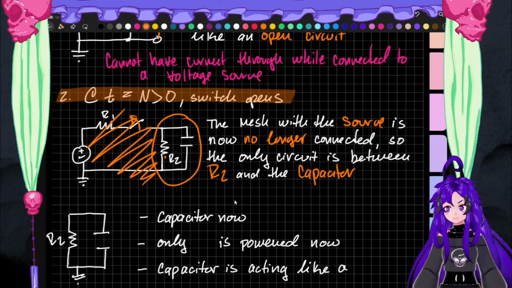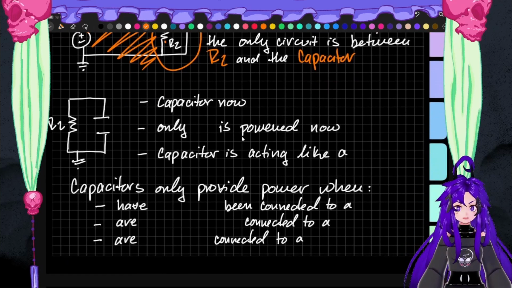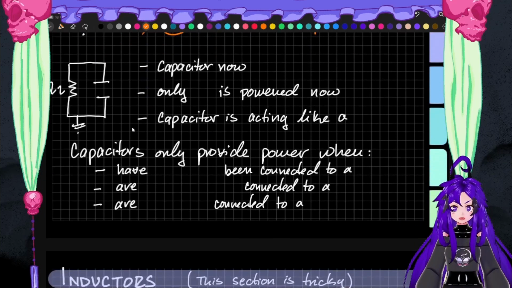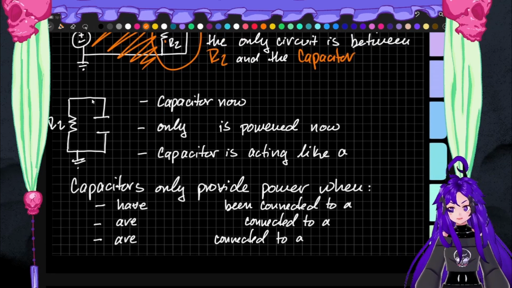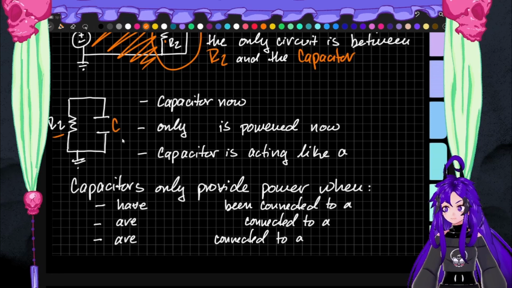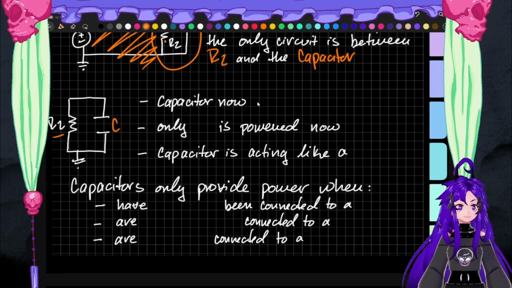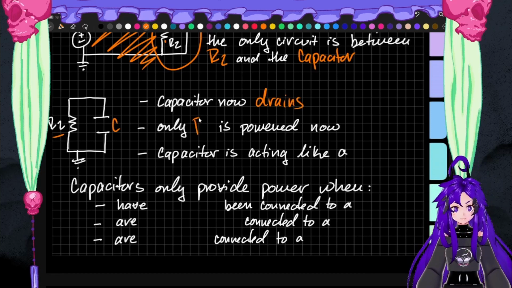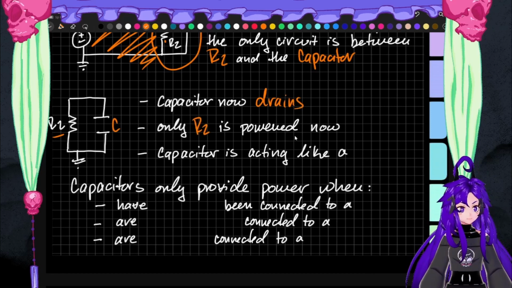Right? And if you apply our analysis methods to this circuit at this point, all we can really do is look at this section. All we can look at is R2 and the capacitor. The capacitor is now draining, and only R2 is powered.